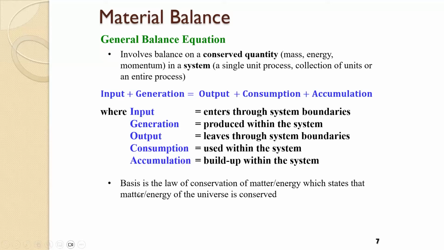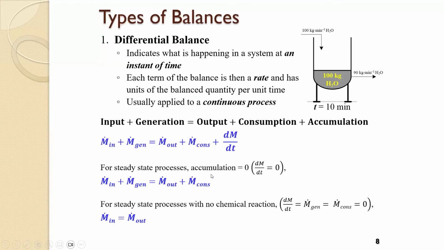So here, again, the basis is the law of conservation of matter and energy, which states that the matter or energy of the universe is conserved. There are different types of balances I'll be showing you. The first one is what you call the differential balance. Be mindful of the differences.